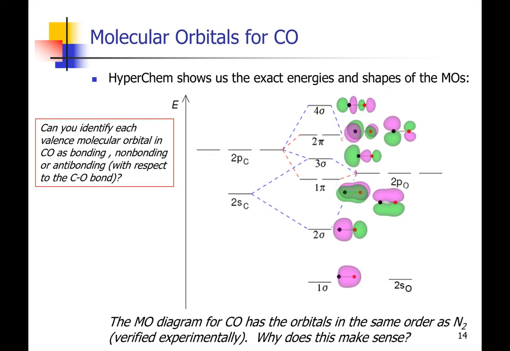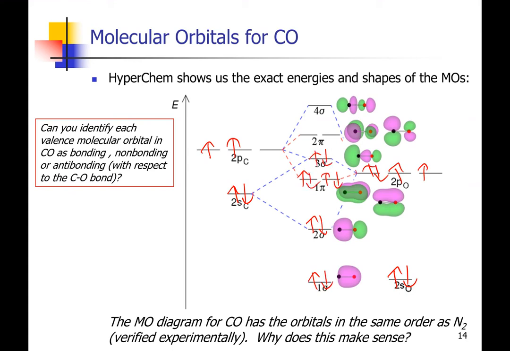So here is the pretty computer picture. Again, I should fill in my electrons. So we had 4 from carbon, we had 6 from oxygen, and that puts 10 here in the middle.